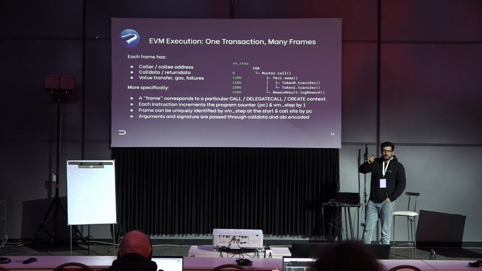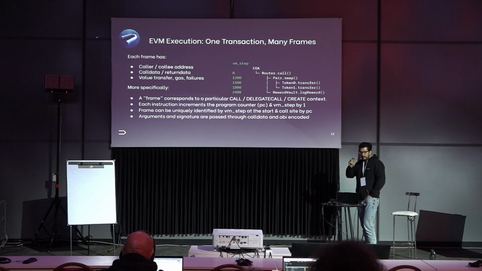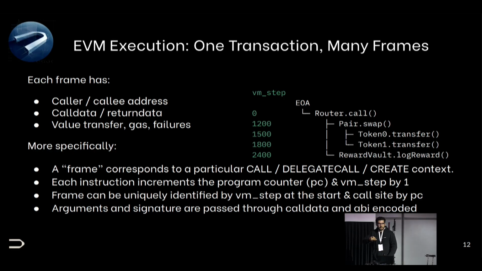The VM step is a global counter that we increment when the execution of a transaction starts. It starts at 0, and with every single instruction that we execute, we increment this counter. Then when we get to the beginning of a new frame, so after a call, we look at the VM step, and that uniquely identifies that particular EVM frame from the rest of the EVM frames.